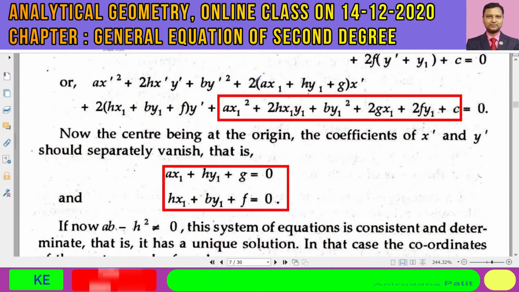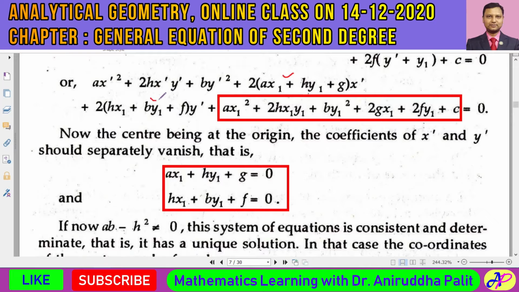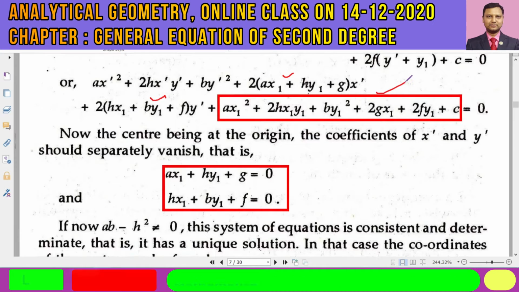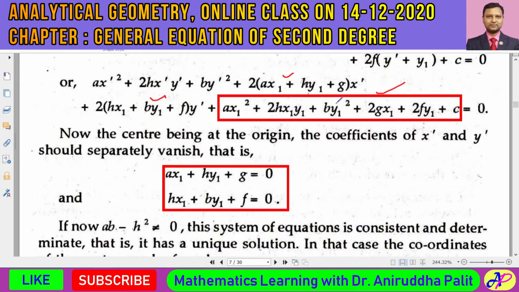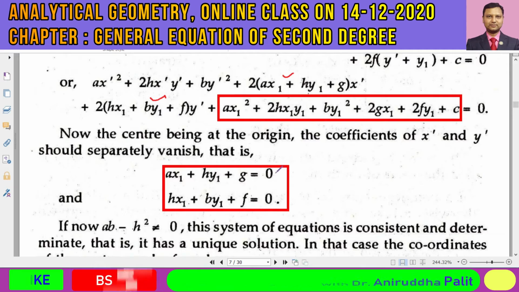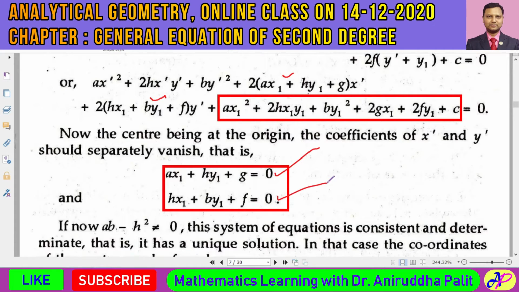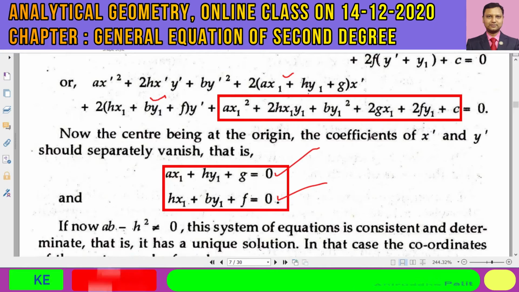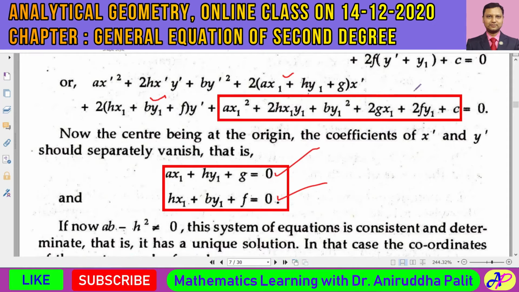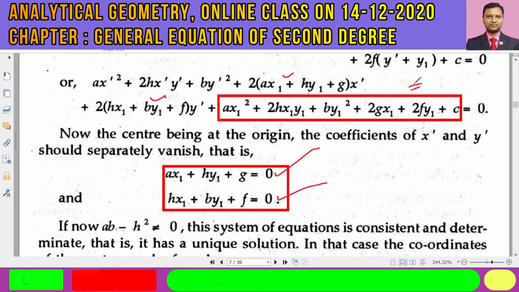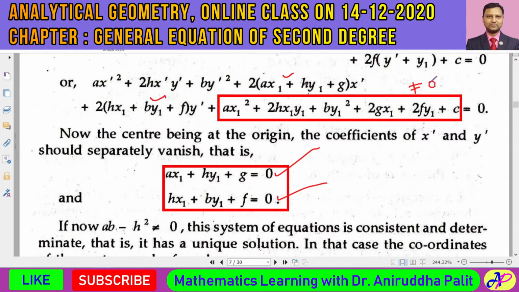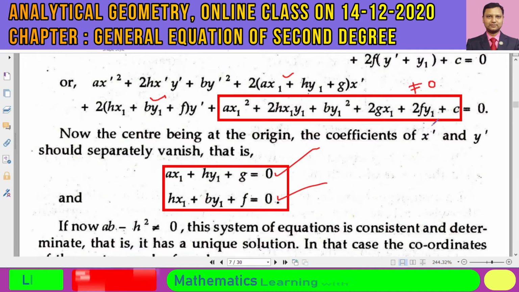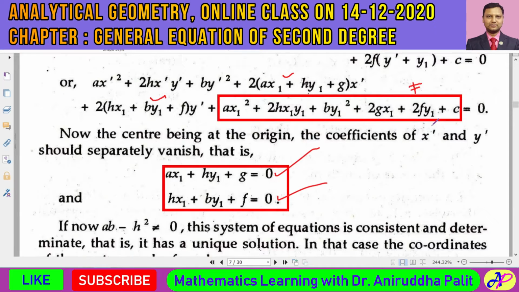In pair of straight lines, this expression along with these expressions, all three, would become equal to 0. But in case of the general equation of second degree, the coefficient of x prime and the coefficient of y prime would become equal to 0. This gives rise to these two equations, and this expression would not be equal to 0. So this is not equal to 0 in general. Okay, in general this expression, that is the constant term, is not equal to 0.